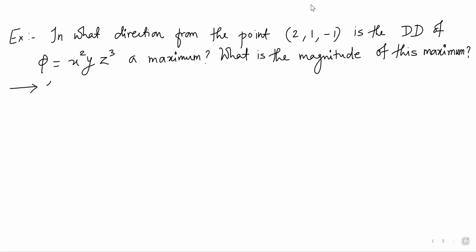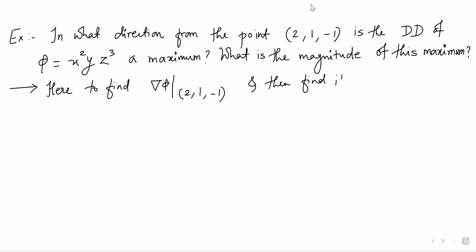So here, we find del phi at (2, 1, minus 1) and then find its magnitude. This is the answer of the question. This is the trick actually.